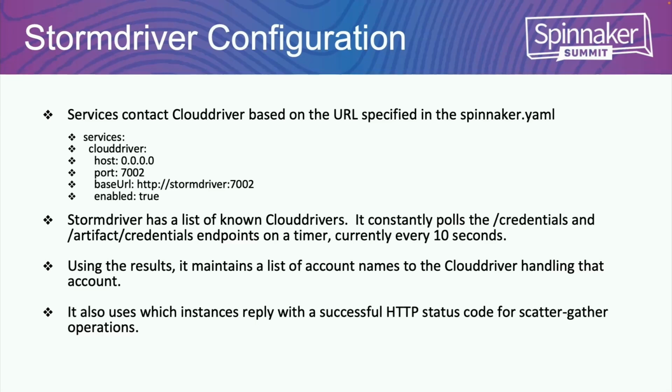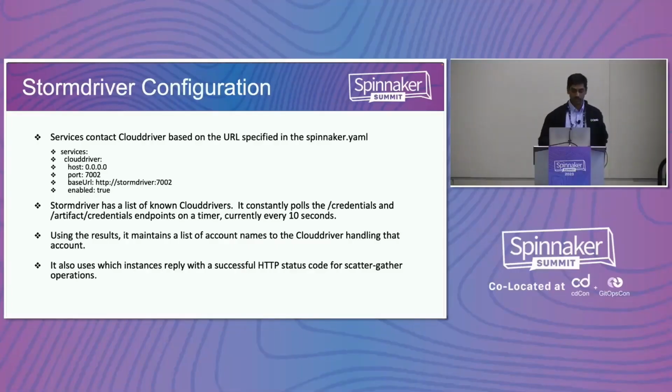Artifact credentials is a similar thing. It will get you the results from all the Cloud Drivers. It also does sanity checks on the availability of these Cloud Drivers. So it knows if one is not responding, it can identify that and remove it from its list.